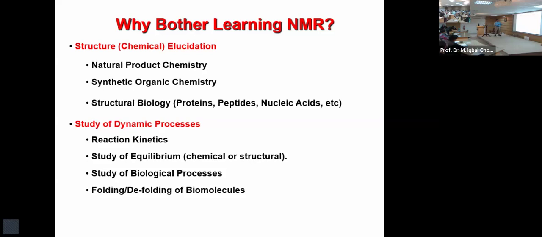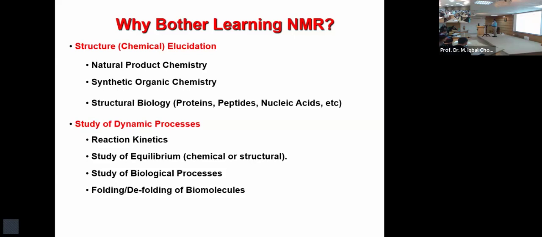So the largest users are natural product chemists. You know why? Because they deal with completely unknown molecules. They have absolutely no idea what they are isolating. They dig out something from a complex mixture, and they are the most curious species of the chemistry community. They really want to know the structure of that molecule.